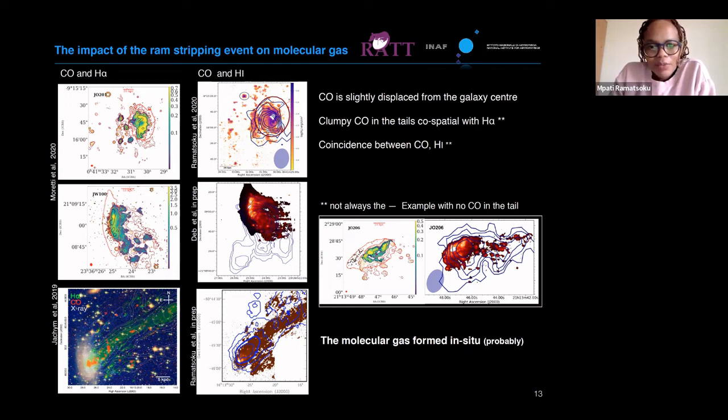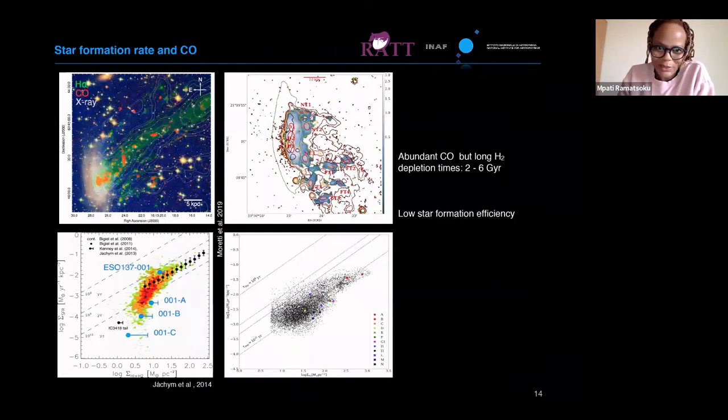So it would appear that the molecular gas that we see in the tails is formed in situ, probably from the H1 that's been removed or stripped, right?